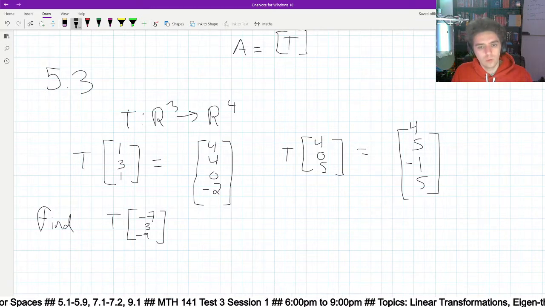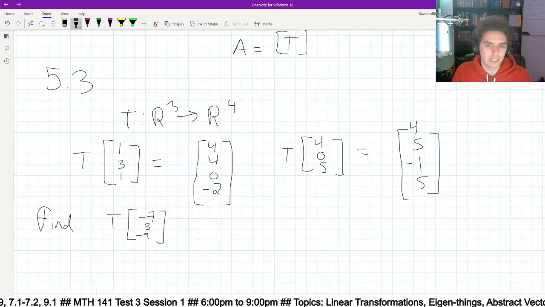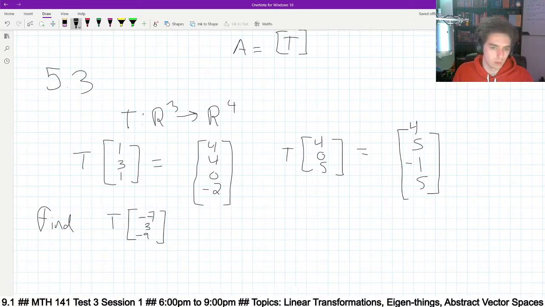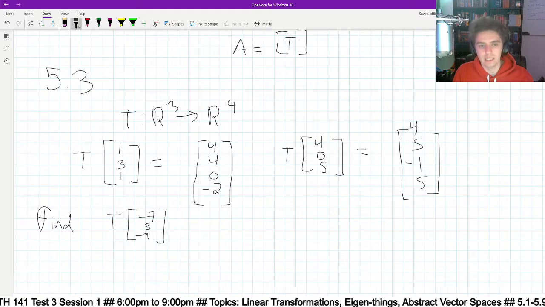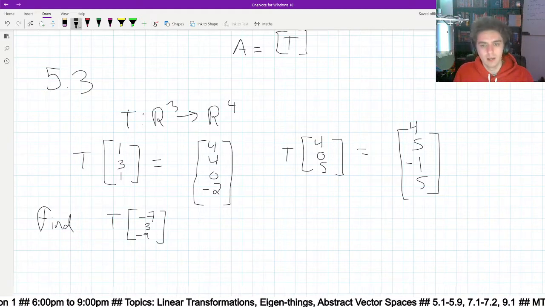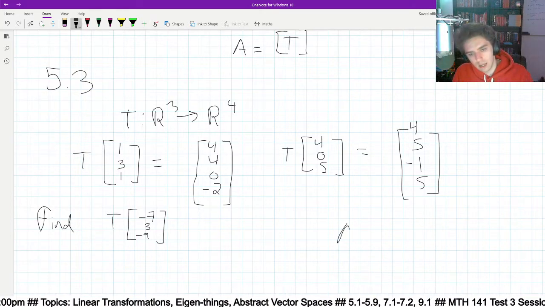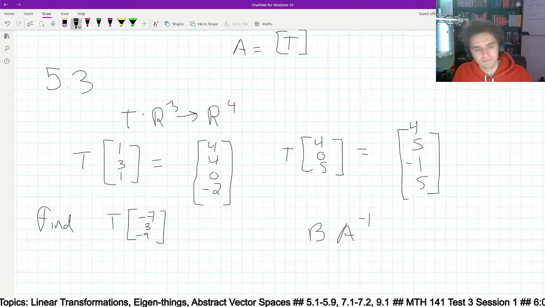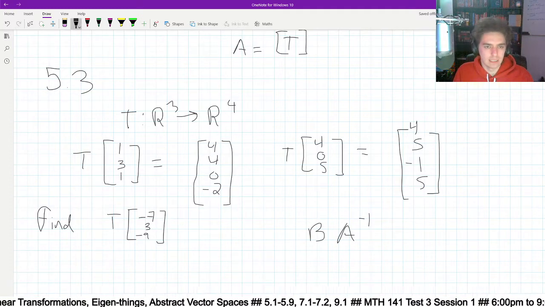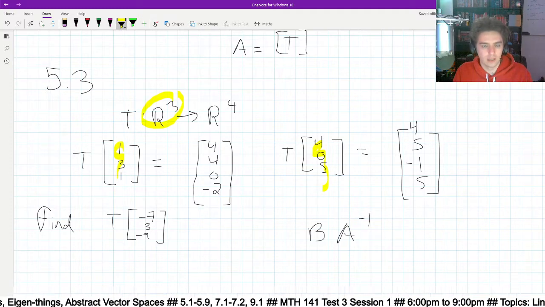Right off the bat, do we have a definition for T that lets us create a matrix right away? No. That would be like having T of (x, y, z) equals x something, y something, z something. We don't have that. Can I do A inverse B? I can't, because these two vectors do not form a basis for R3.